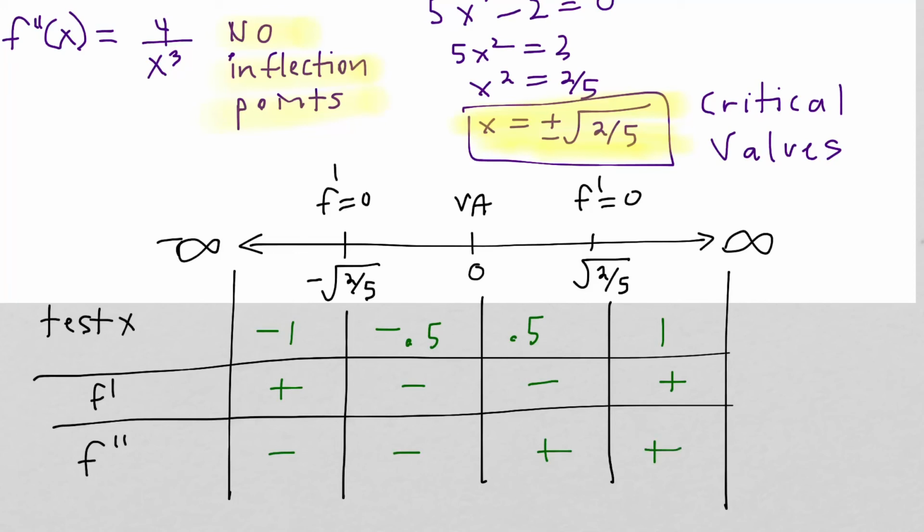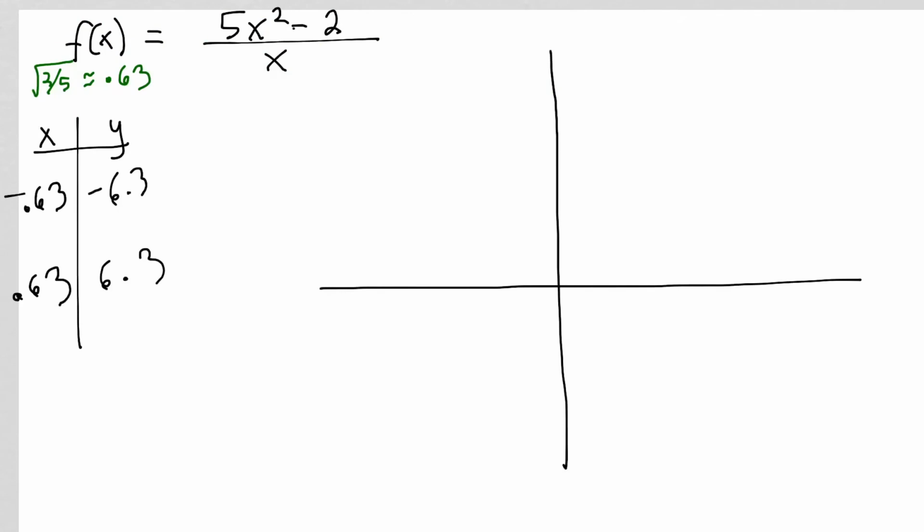All right, so let's take a look at the graph now. So I'm going to investigate what's happening at my two critical values. Square root of 2/5 is approximately equal to 0.63. So this is negative root 2 over 5, and this is a positive root 2 over 5. Subbing those into my function, I get these decimal values here.